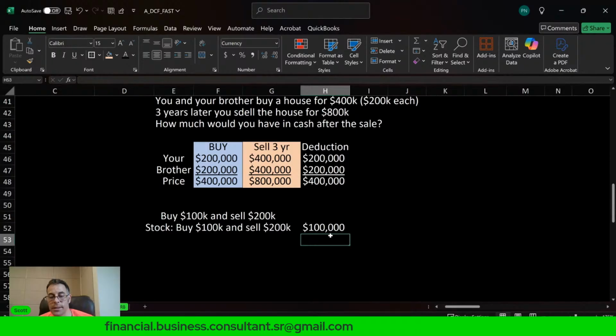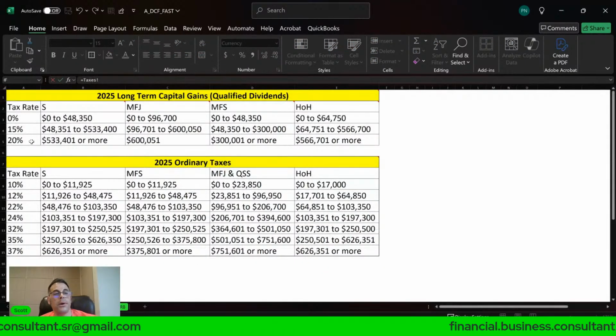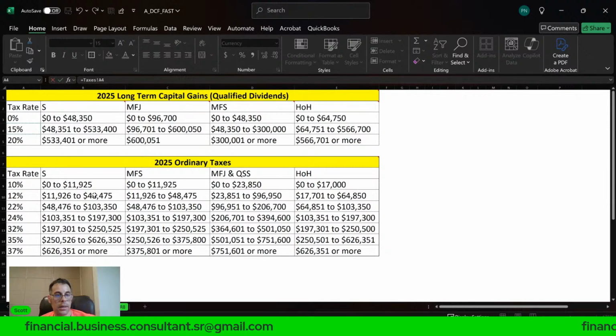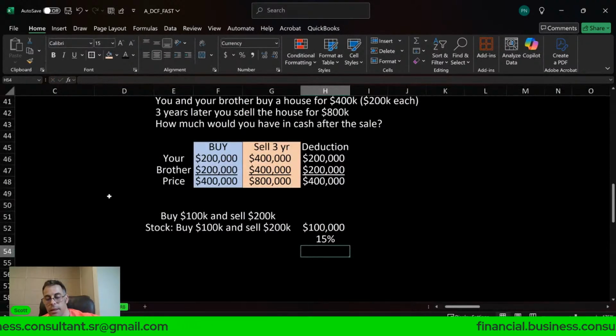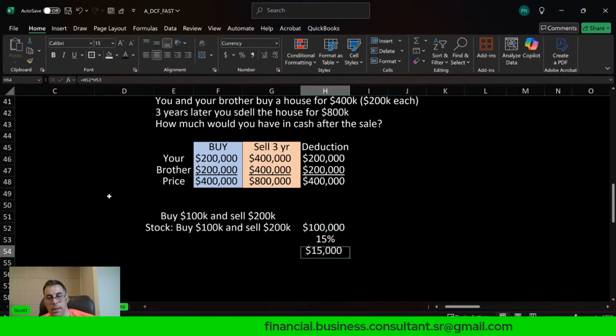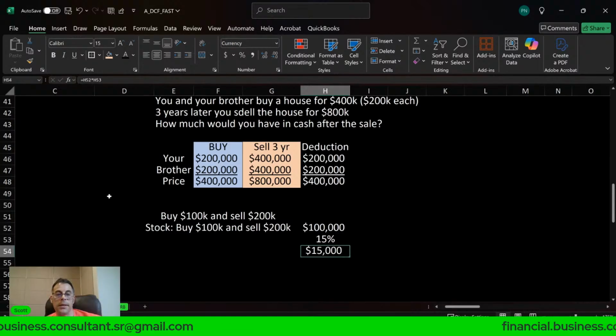You definitely have to pay taxes on a stock sale. Most people pay 15%. That's long-term capital gains. You have to pay the IRS $15,000 because you profited $100,000 on that stock sale.